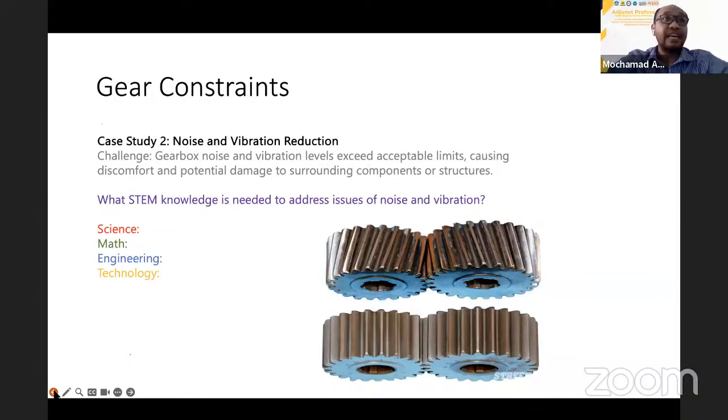Nah, kemudian secara engineering-nya kita pikirkan bagaimana tipe atau desain roda gigi yang tepat supaya dia bisa mereduce atau mengurangi kebisingan dan getaran tadi.